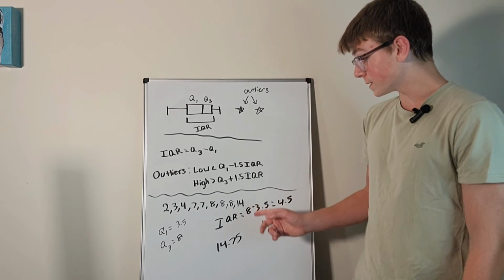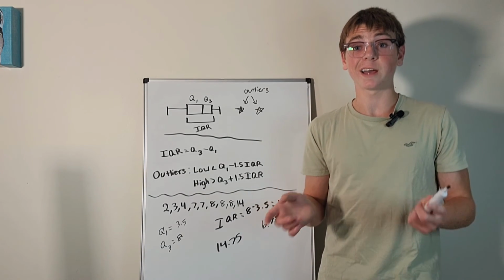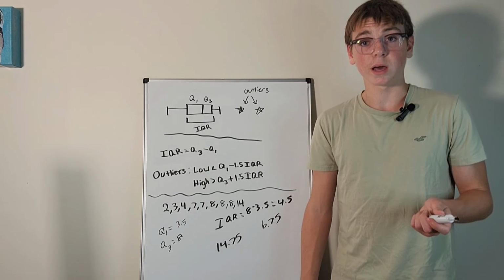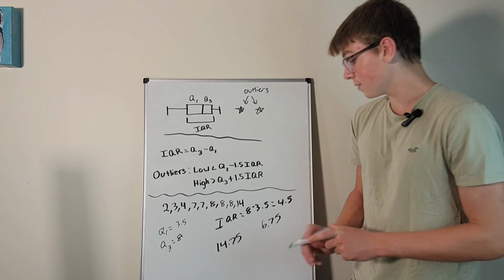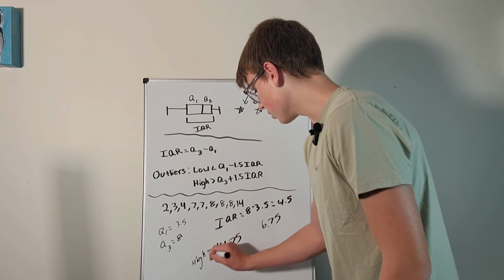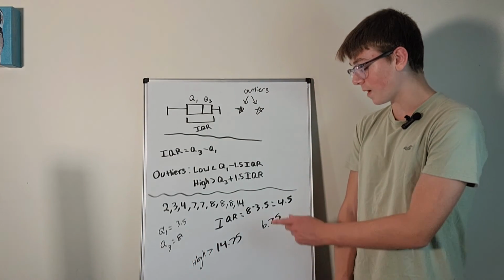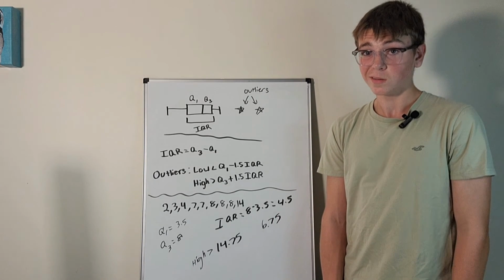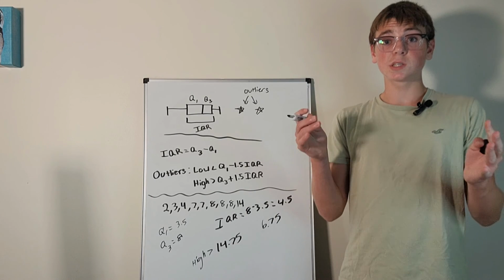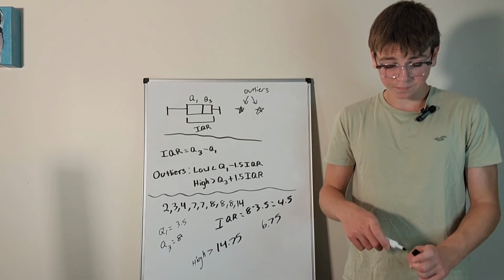So if we look at 14, which you might have thought was an outlier to begin with, it's not an outlier. High must be greater than 14.75, and since 14 is lower than 14.75, it is not an outlier. So we could say this distribution has no outliers.